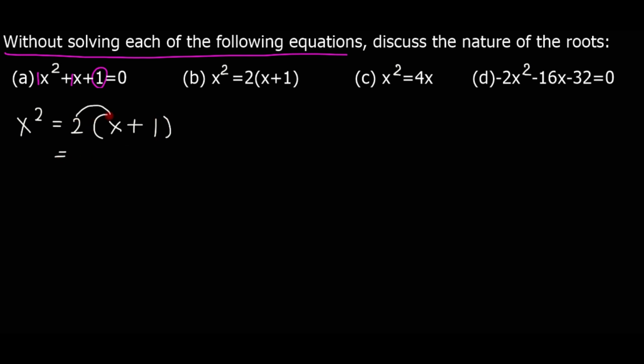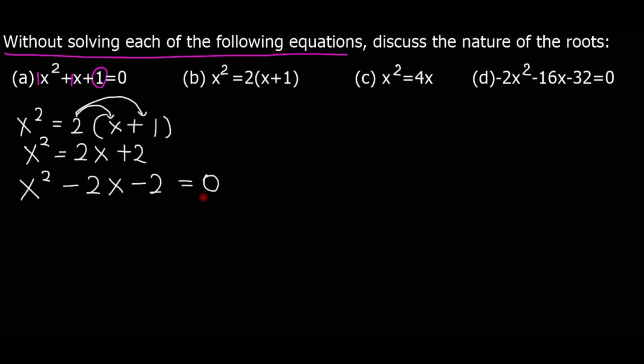So 2 times x is 2x, and 2 times 1 is positive 2. And then from there, make sure one side is 0. So this is x squared minus 2x minus 2 equal to 0.